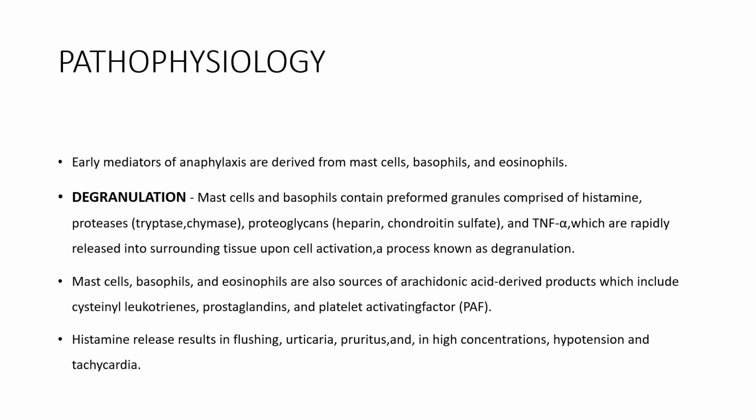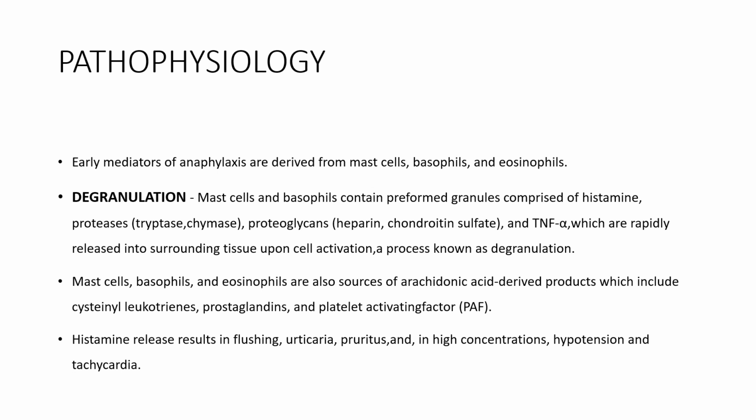When a person is re-exposed to the same allergen, that is the shocking dose, degranulation of the mast cells and basophils occurs, mainly due to preformed IgE on the mast cells and antigen complex reaction. Mast cells and basophils contain preformed granules comprising histamine, proteases, proteoglycans, and TNF alpha, which are released into the surrounding tissue upon cell activation, a process known as degranulation.